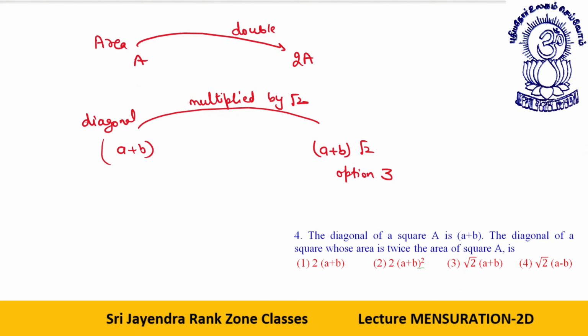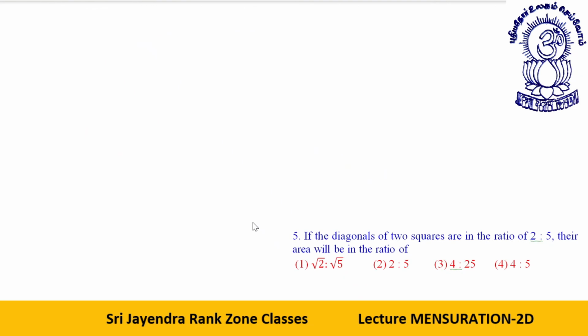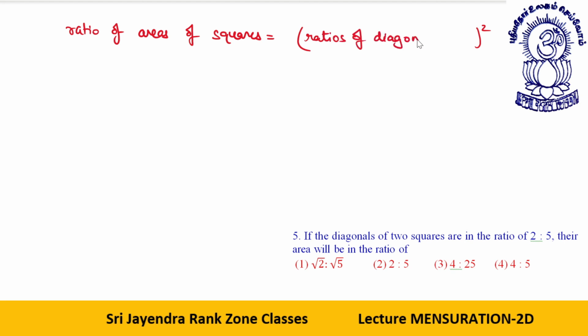Let's take the next one. The diagonals of two squares are in the ratio 2 is to 5. Their areas will be in the ratio of? The ratio of areas of squares is equal to the square of the ratio of diagonals of squares.